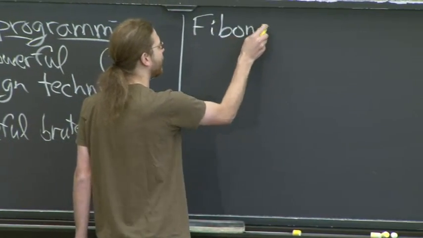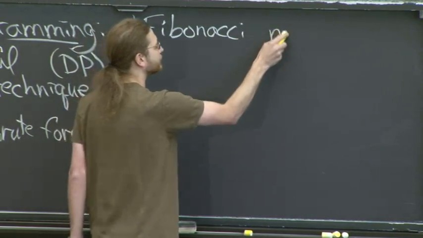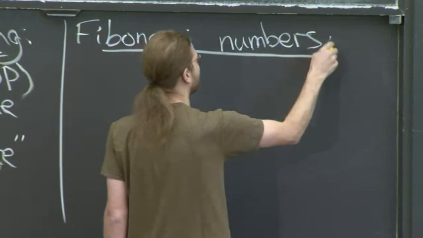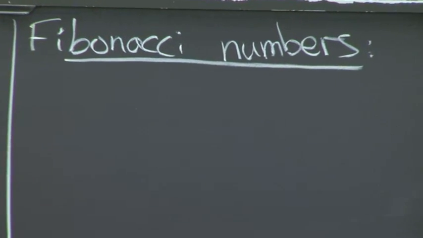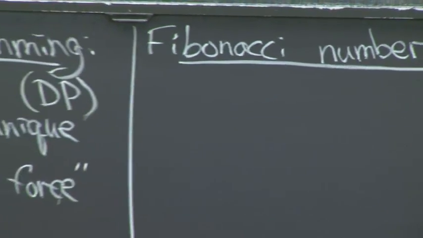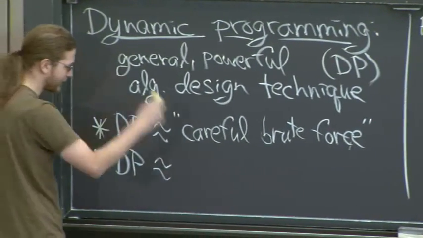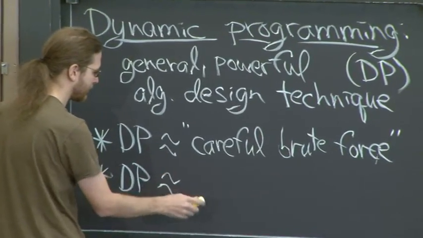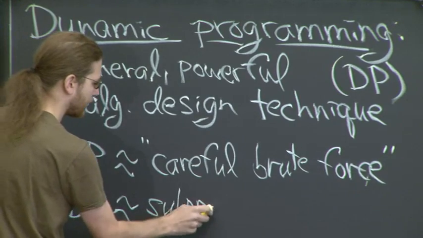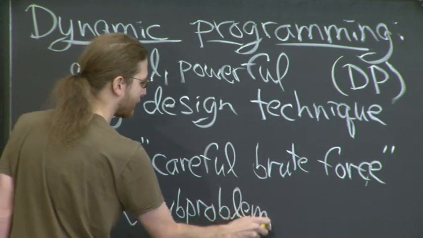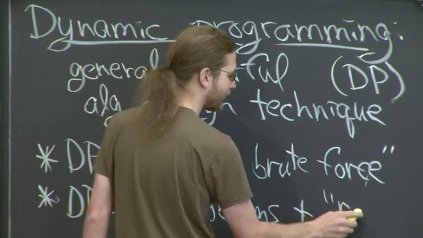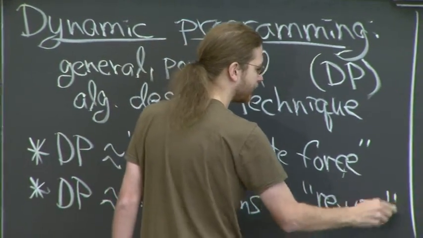So we are going to start with this example of how to compute Fibonacci numbers. And maybe before we actually start, I'm going to give you a sneak peek of what you can think of dynamic programming as. And this equation, so to speak, is going to change throughout today's lecture.